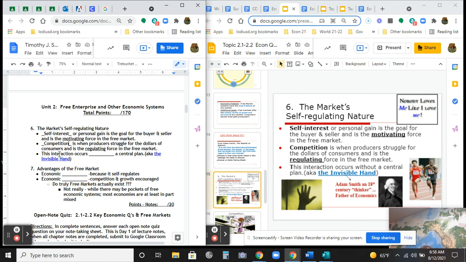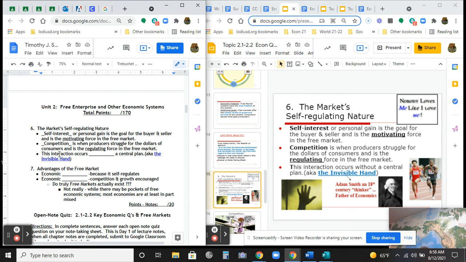Competition is when producers struggle for the dollars of consumers, and it's the regulating force in the free market. So if Airwick makes a better product than its competitor, their scenting product is going to win out in the market. Or Campbell's soup might put Progresso soup out of business.